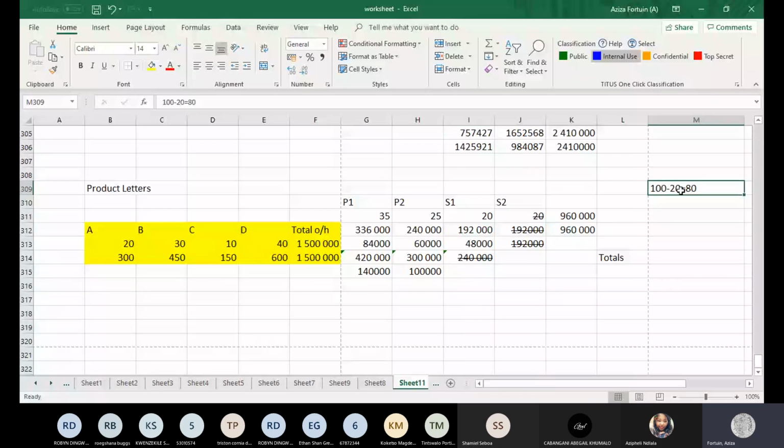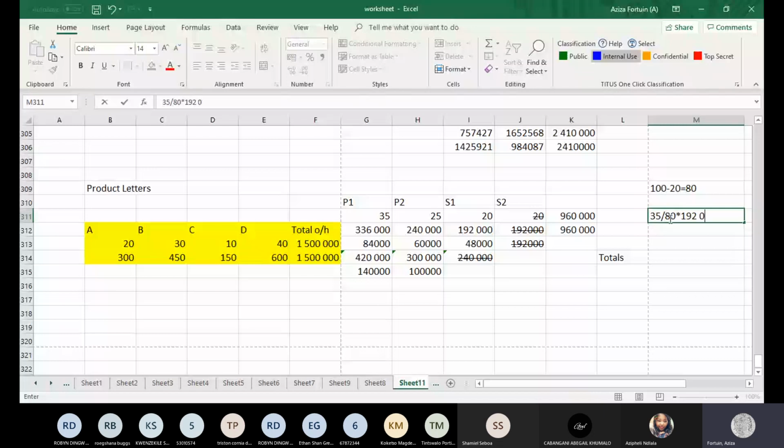So I said here, if I want to write off the 192,000 to service department S1 and production departments P1 and P2, I'm going to say 100 minus 20, because I'm writing that off, and it's no longer 20%, it's now 80%. So I'm going to say 35 divided by 80 times 192,000.